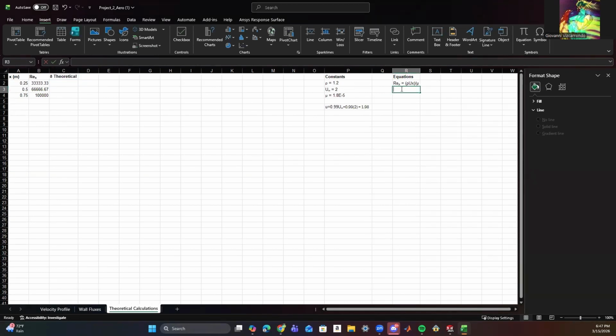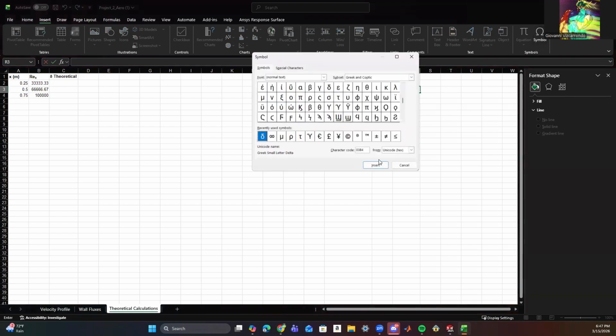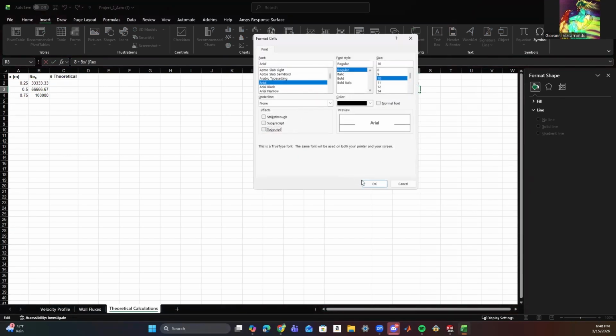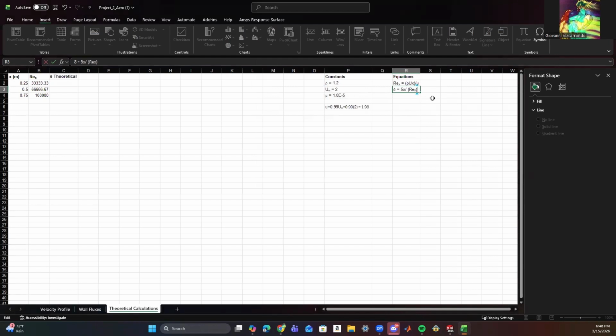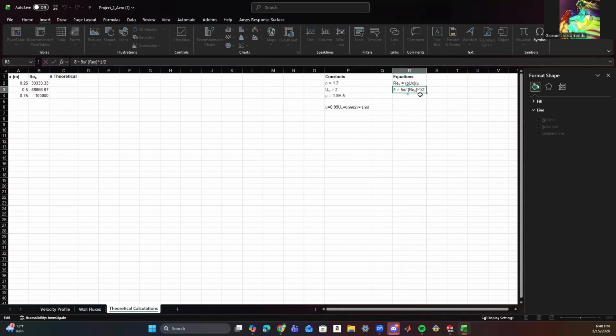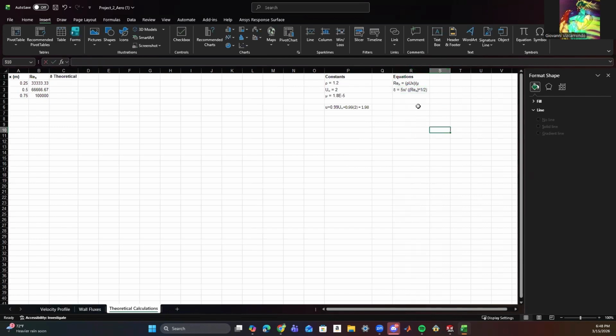And then for this, our equation is going to be delta equals, once we rearrange the equation, it's going to be 5x divided by, I'm not sure how to square root, so I'm just going to do RE x to the power of 1/2, which is the same thing as the square root. This, parentheses, so you know what I'm talking about.